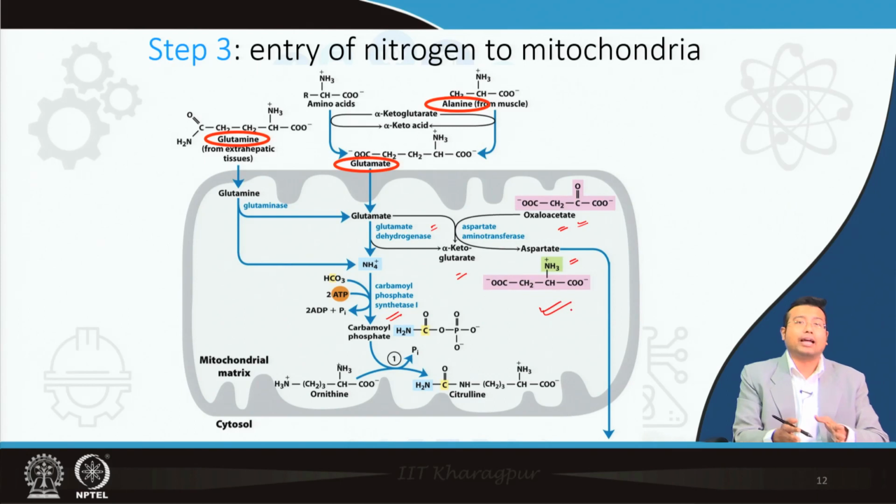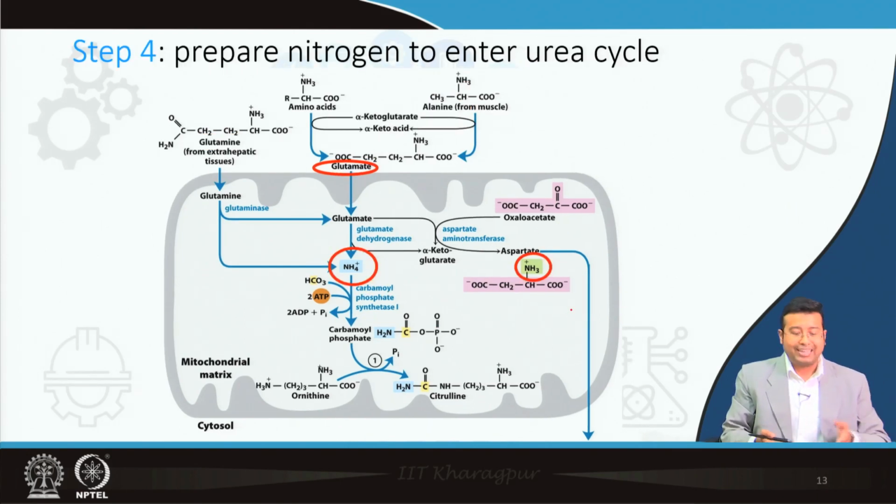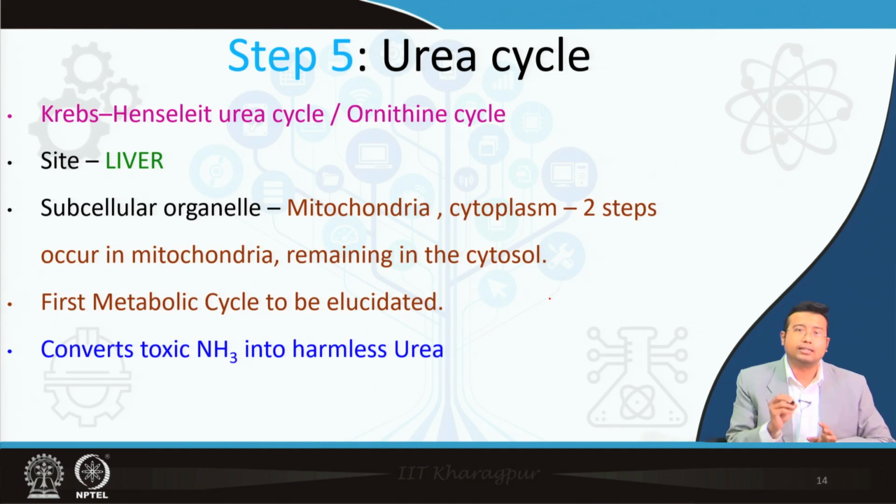So, this is how the nitrogen after entering the mitochondria is prepared in the form of carbamoyl phosphate or aspartate to participate in the urea cycle, right. So, with this knowledge, we now move forward to our today's topic of interest, that is the urea cycle.